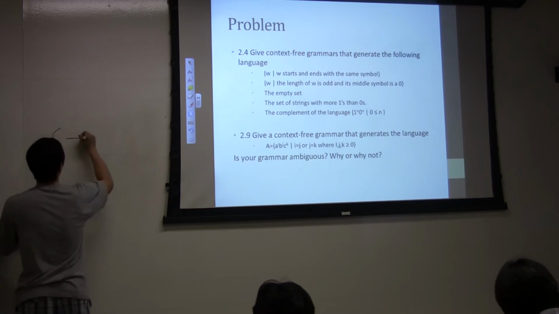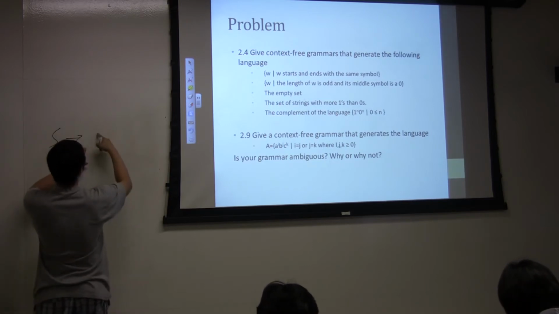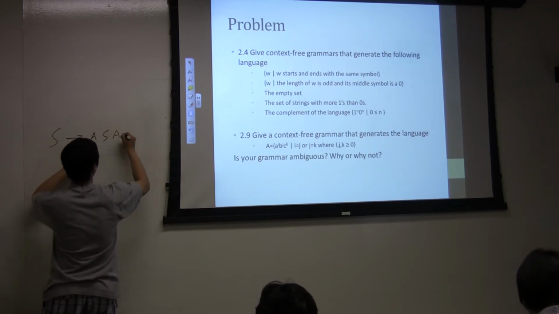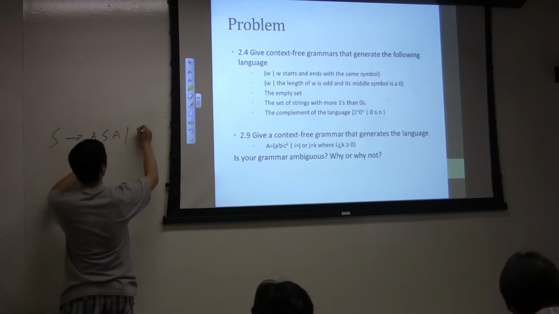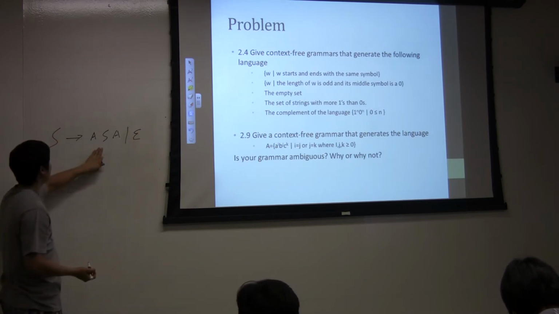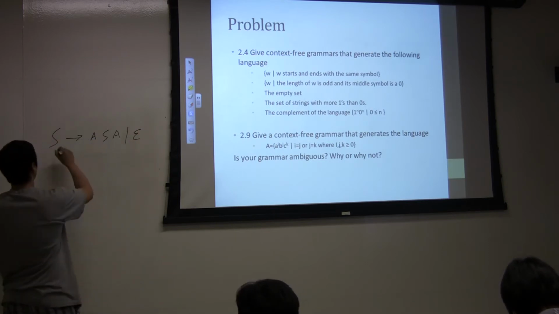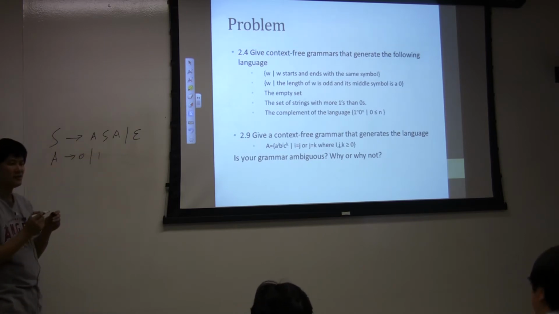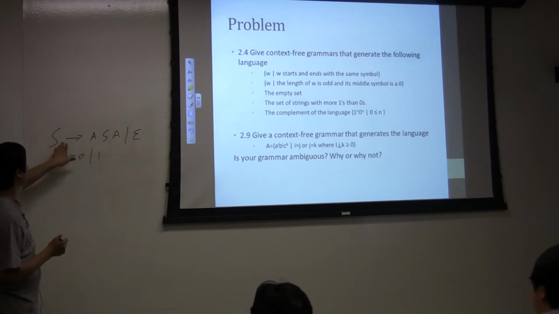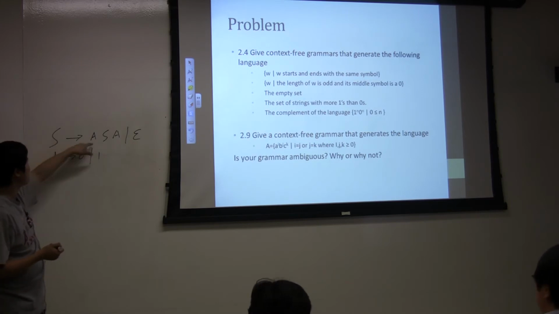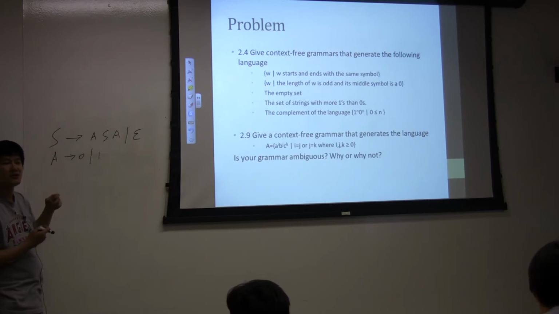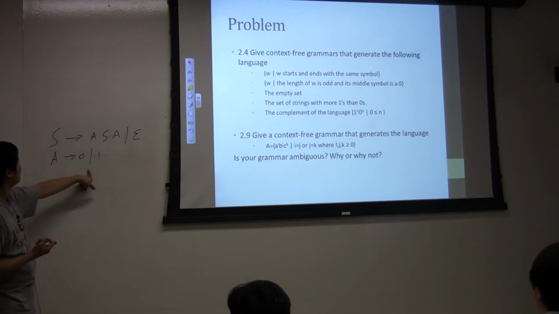Basically, from S, if we keep generating two symbols, this will be even length. This grammar keeps generating two symbols, so if we apply this rule, it only generates an even number of symbols.